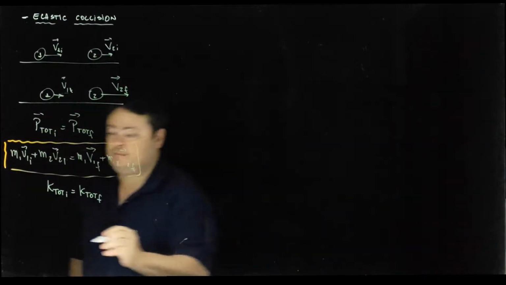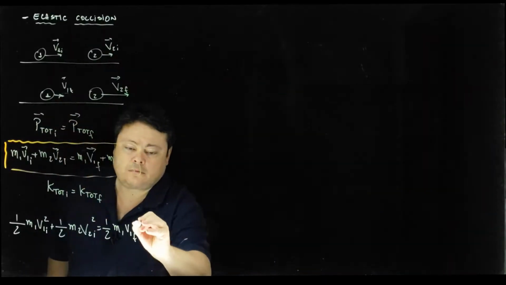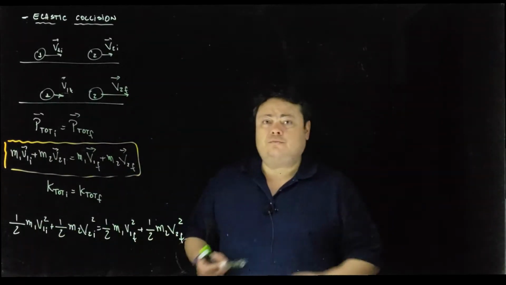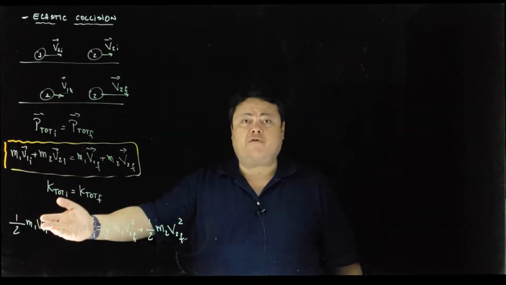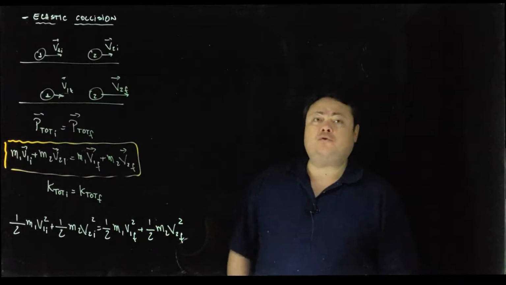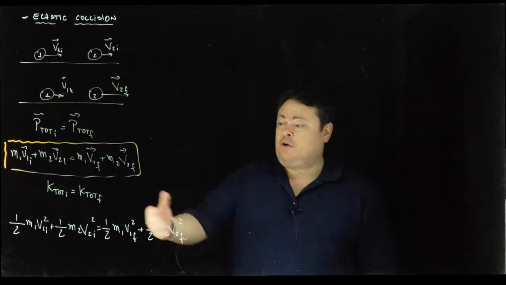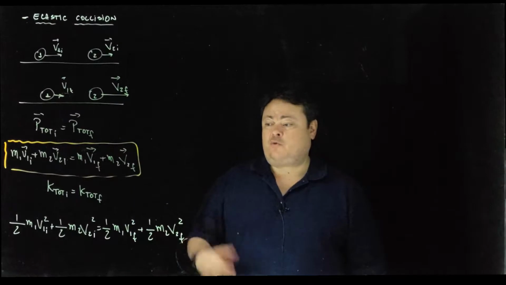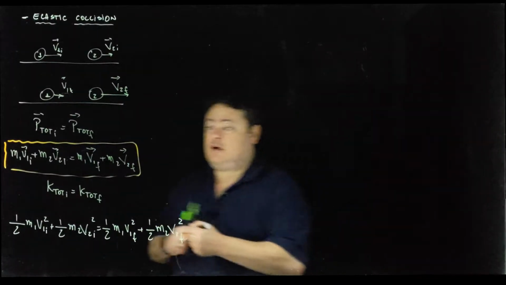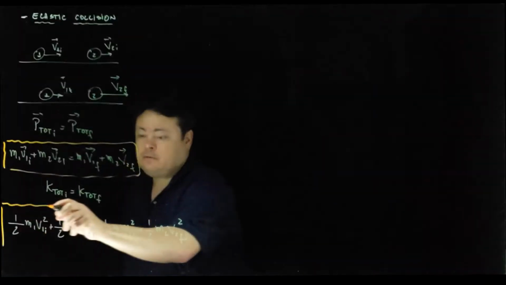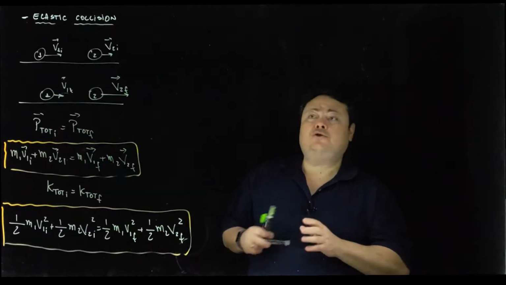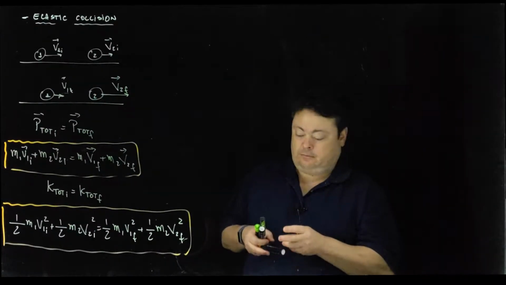And that will give me then that the total kinetic energy initial, 1/2 of m1 v1 initial squared plus 1/2 of m2 v2 initial squared, must be equal to the total kinetic energy final, 1/2 of m1 v1 final squared plus 1/2 of m2 v2 final squared. So these are in principle the two equations that we have to discuss elastic collision.